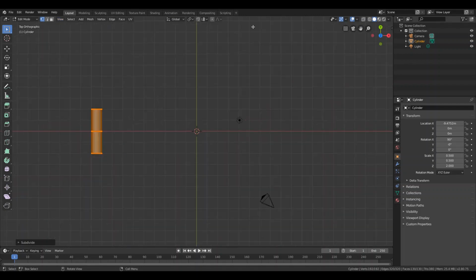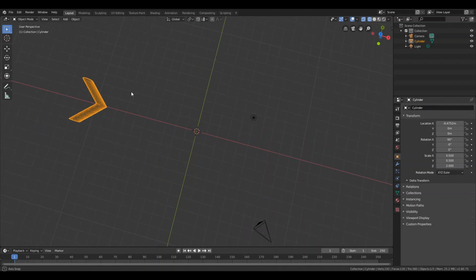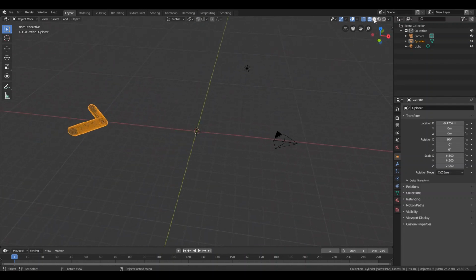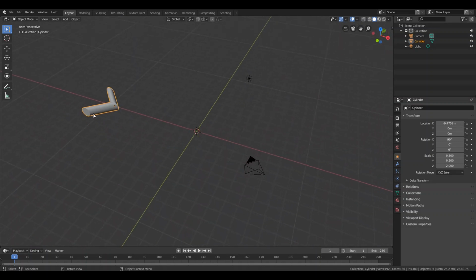So I'm here modeling the filament, the part of the electron gun that produces the electrons. So this here is quite a powerful cathode.